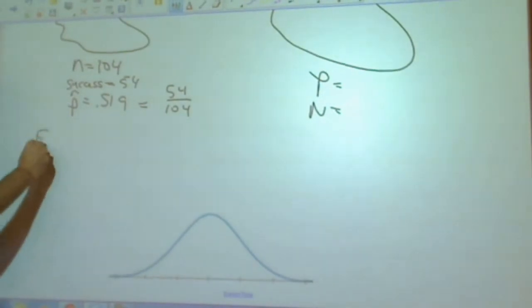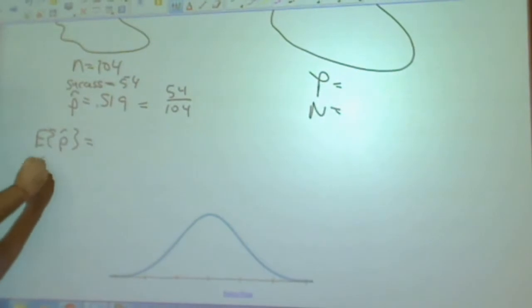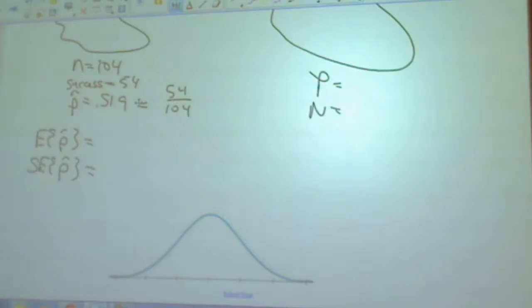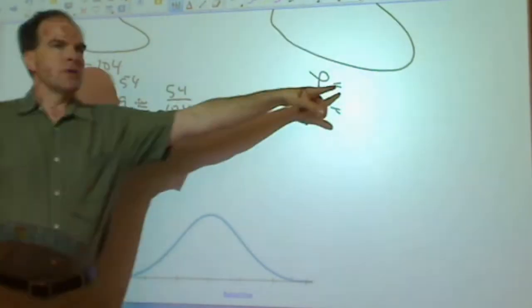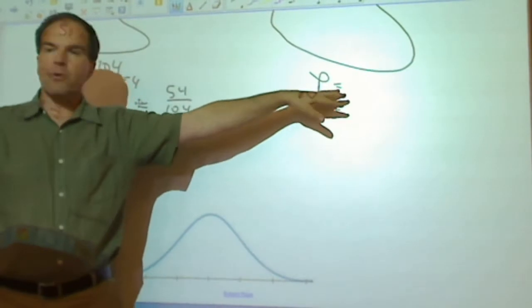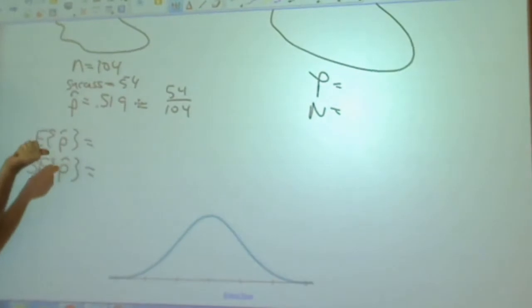We have to build the estimate or the mean and standard deviation of this model. But notice, with a confidence interval, you no longer have the population proportion to work with, so we use the sample proportion as a surrogate.